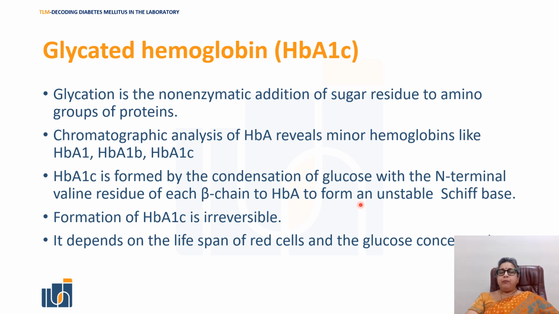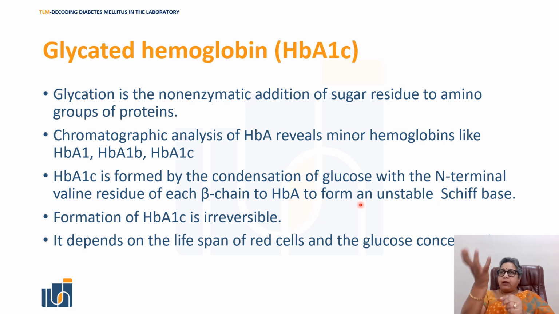Slightly complicated, but what we're trying to tell you is that adult hemoglobin has some minor hemoglobins like HbA1, HbA1b and HbA1c, of which HbA1c is most important. Hemoglobin is made up of alpha and beta chains, and to the N-terminal valine residue of the beta chain, the glucose moiety gets attached, forming an unstable Schiff base.